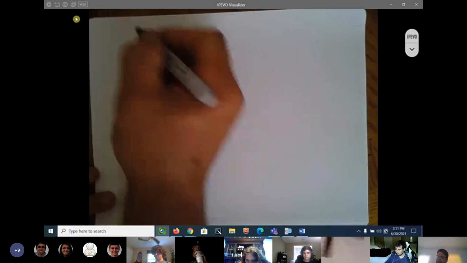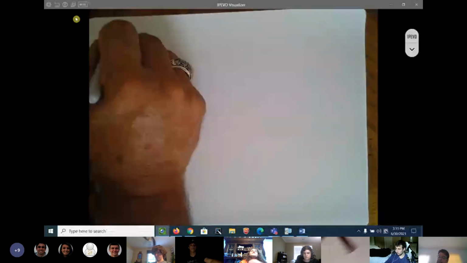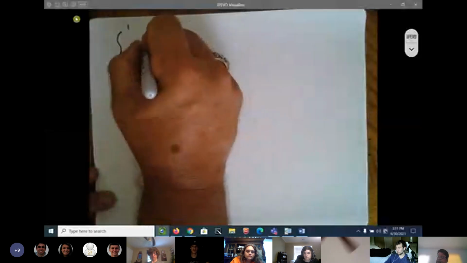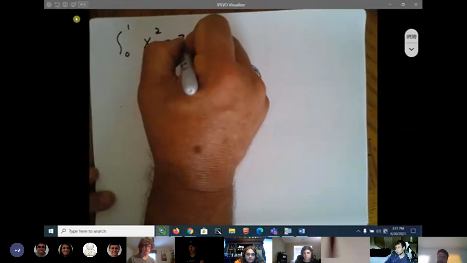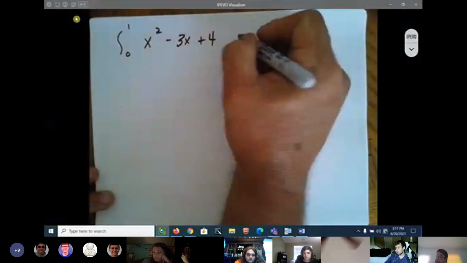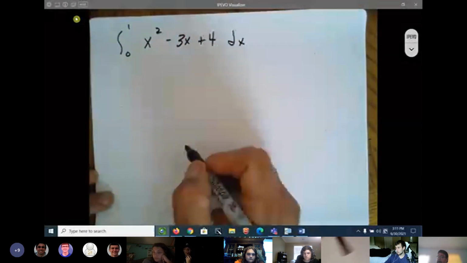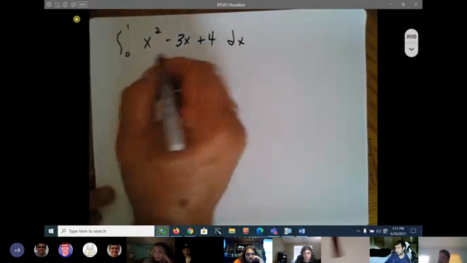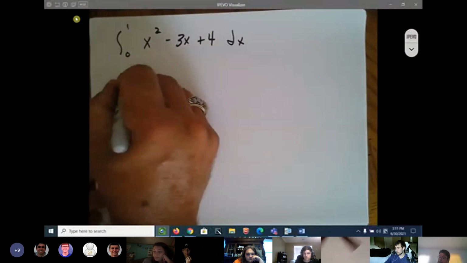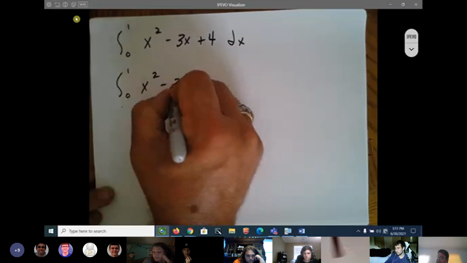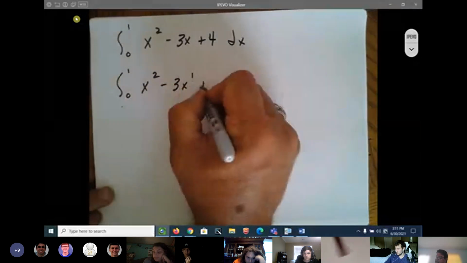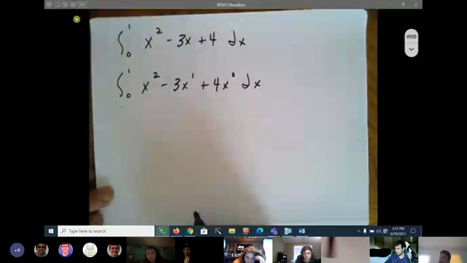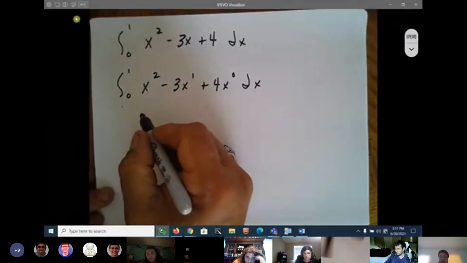All right. So here we've got the antiderivative from 0 to 1 of x squared minus 3x plus 4 dx. Now I'm going to put a baby step in here for some of y'all that will need it. That'll be the integral from 0 to 1 of x squared minus 3x to the first plus 4x to the 0 dx. Now I'm going to take the antiderivative.